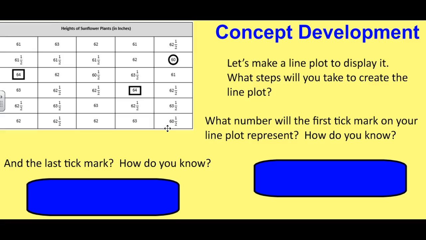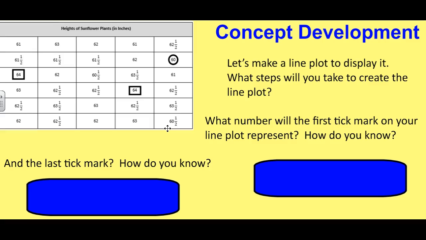So this one's probably going to be a little bit easier, because if I'm at 60, to get to 61, I would go 60, 60 and a half, and then 61, then 61 and a half, and 62, 62 and a half, 63. So the halves are really easy whenever we're using those to make a line plot.